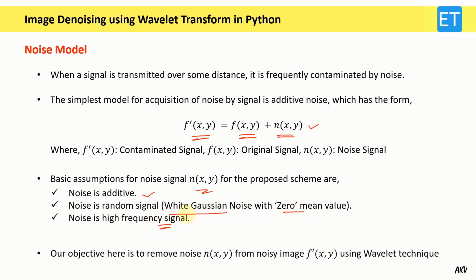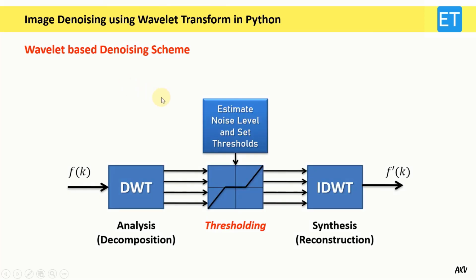Here our objective is to remove this noise n xy from this corrupted image f dash xy using the wavelet transform technique. This is the wavelet based denoising scheme. Here you can see that first your signal f k is decomposed using the discrete wavelet transform into various wavelet coefficients, generally the approximation coefficients and detail coefficients.